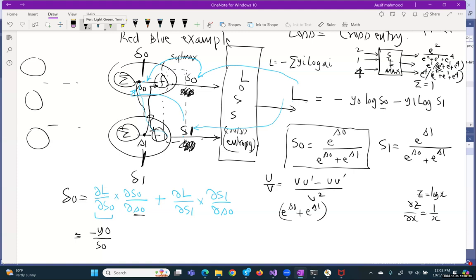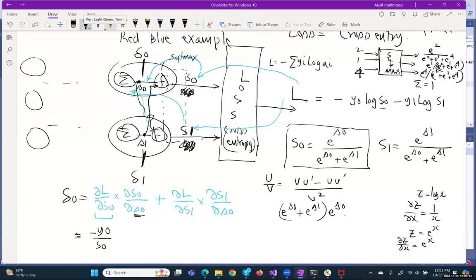And what are we taking the derivative with respect to? S0. So what is the derivative of E raised power S0 with respect to S0? Remember, if you are given Z equal to E raised power X, and if I say what is partial Z over partial X, it is same as E raised power X. So the U prime, which is the partial with respect to S0, is simply E raised power S0, right?